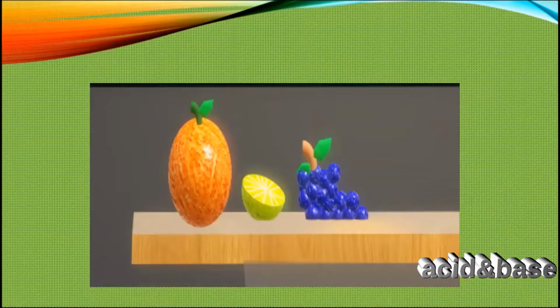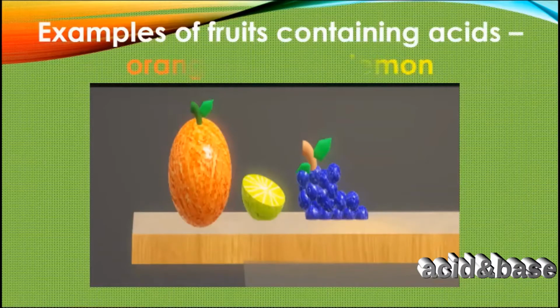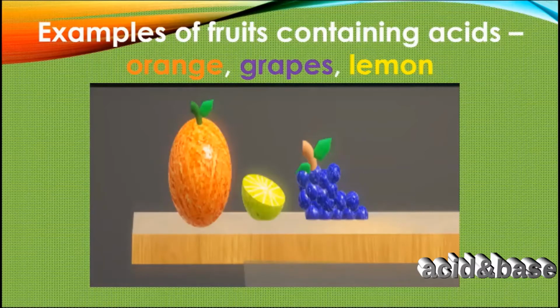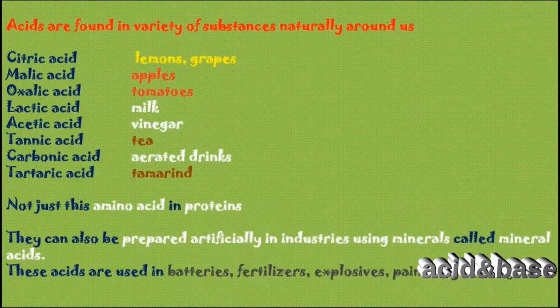Examples of fruits containing acids. Here are some fruits: orange, grapes, lemon. They contain acids. Acids are found in a variety of substances naturally around us. For example, in lemons and grapes, we can find citric acid.